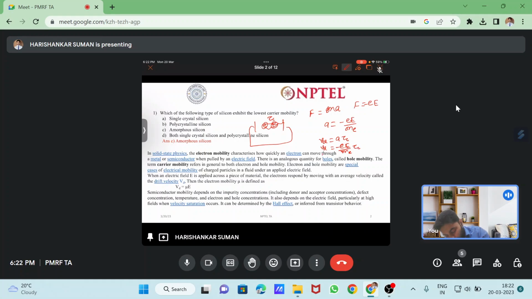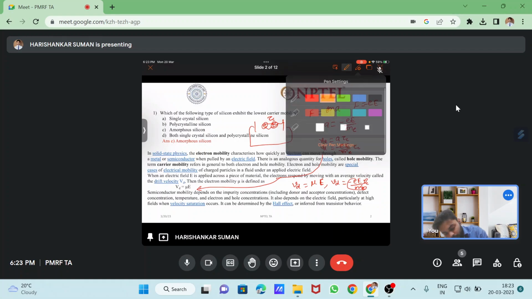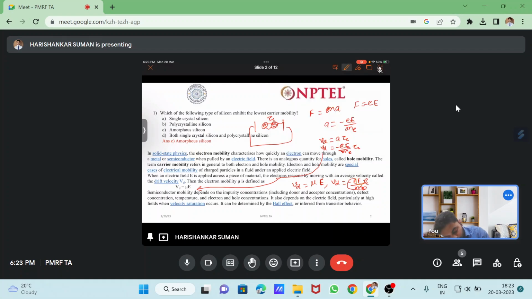So please compare this formula and this formula, which equals mu E, and which equals tau c. So this will be the mobility.